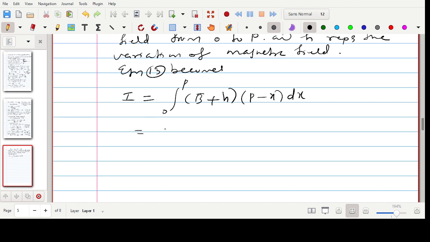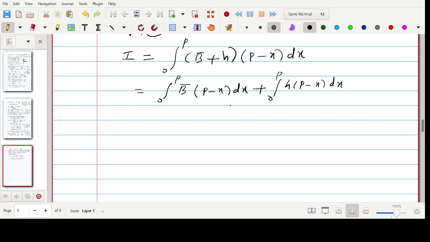So the integral 0 to p of b bar into p minus x dx, plus the integral 0 to p of h into p minus x dx.